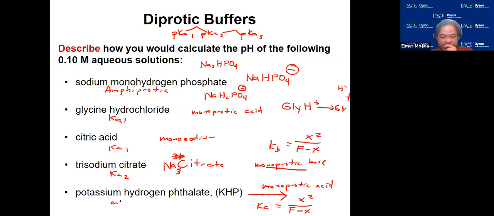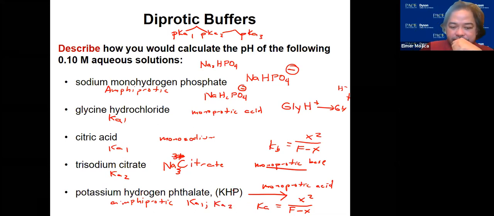I think this is also an amphiprotic thing, right? So you have to look at the Ka1 and Ka2. So that's how we're going to solve them.